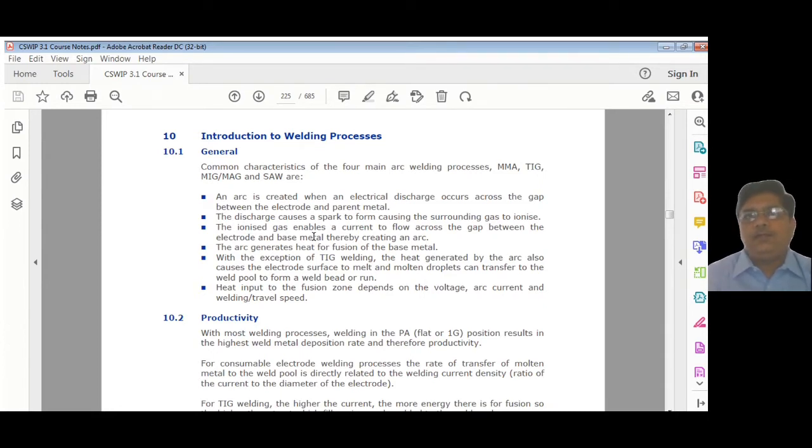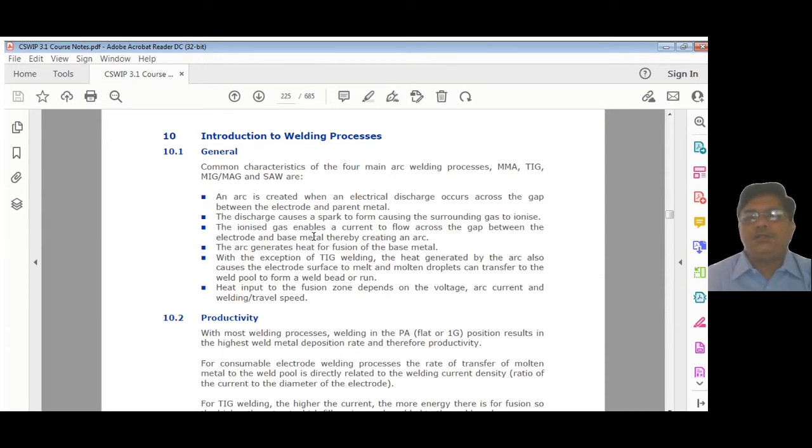MMAW, which is the same as SMAW, is manual welding with an electrode. TIG is welding with a TIG torch, usually also called GTAW. MIG/MAG is basically the FCAW and GMAW processes, and SAW is submerged arc welding. Everyone knows that is a semi-automatic process.